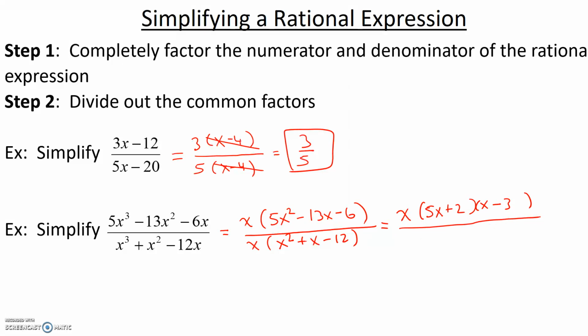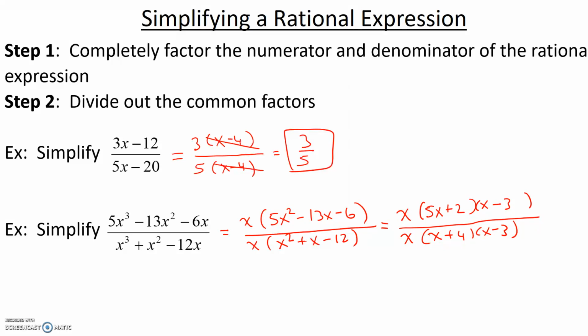Since we've done that many times, I will skip those steps. On the denominator, the coefficient of x squared is 1, so that'll simply be x plus 4 times x minus 3. We find two terms that multiply to be negative 12 and add up to be 1, which are 4 and negative 3. Don't forget, the greatest common factor, x, must be written on the outside.